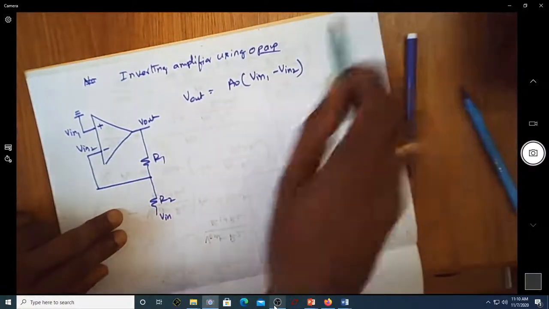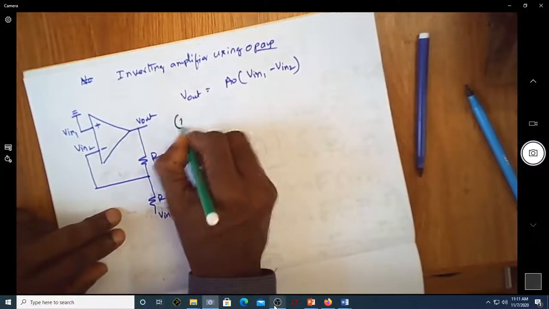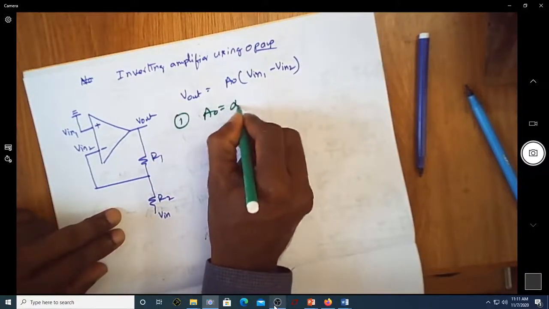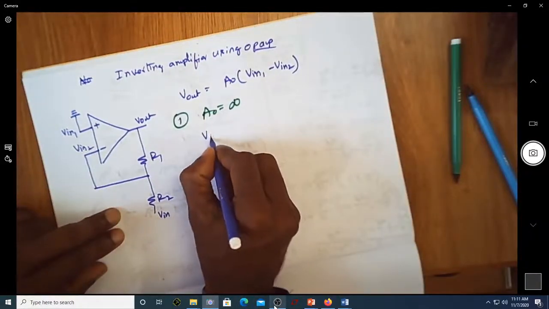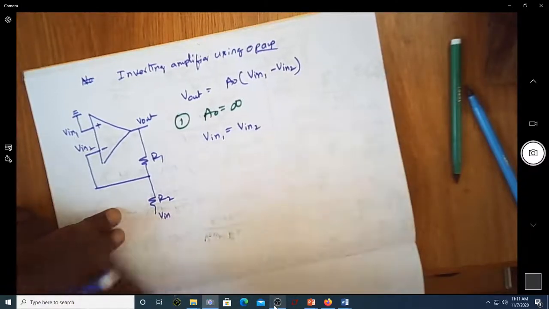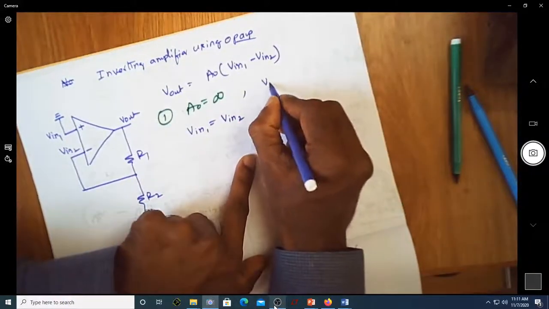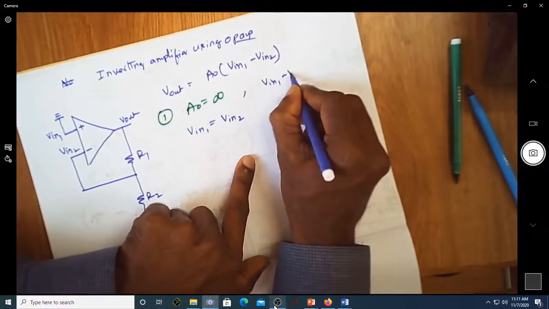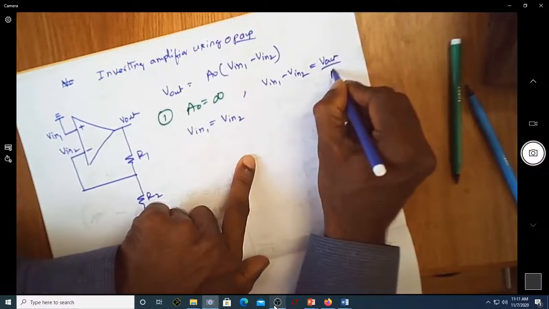Let us consider the case where A0 is infinite. If A0 is infinite, can I write V in 1 is equal to V in 2? As we did in the previous case, if A0 is infinity, I can write V in 1 minus V in 2 as equal to V out by A0.